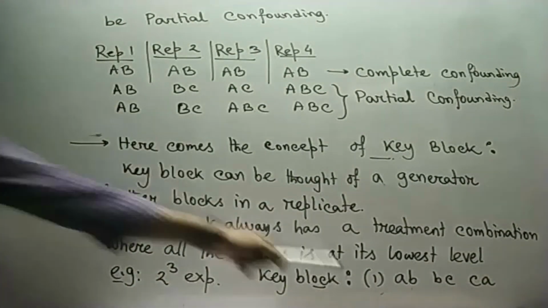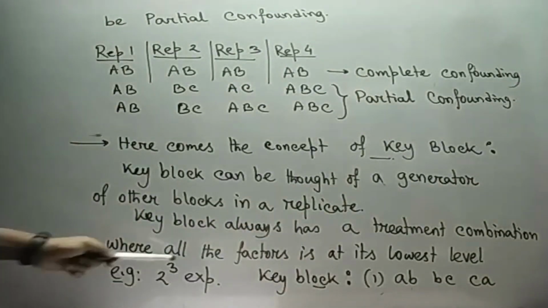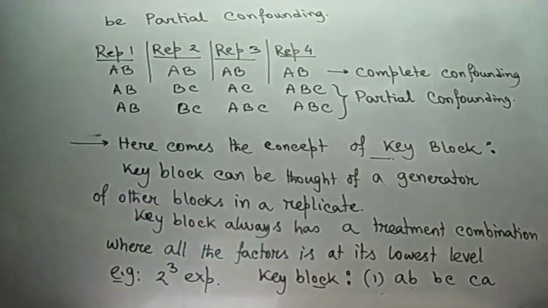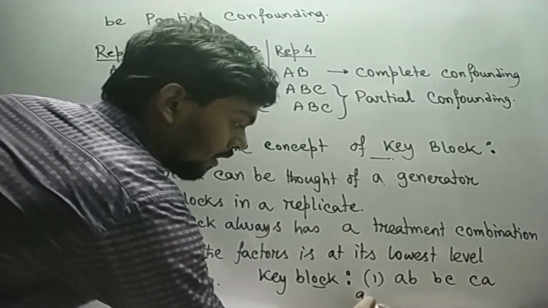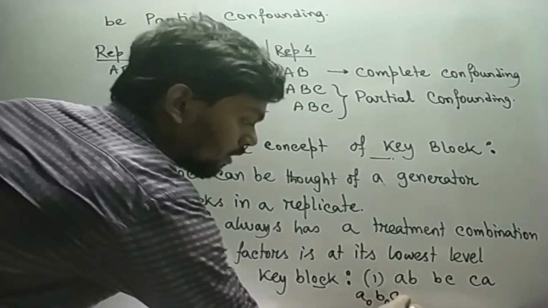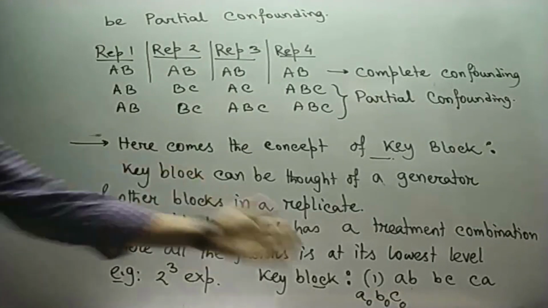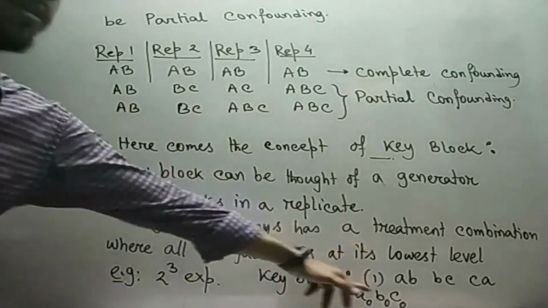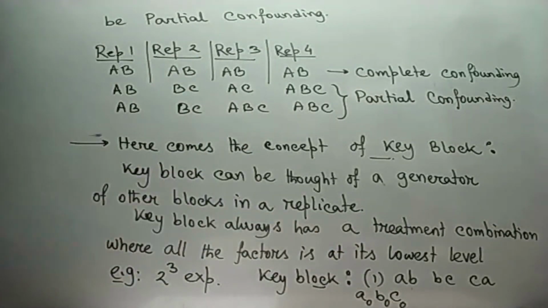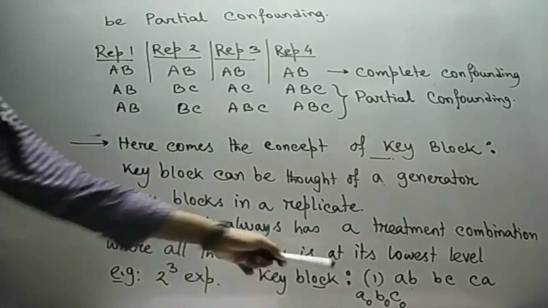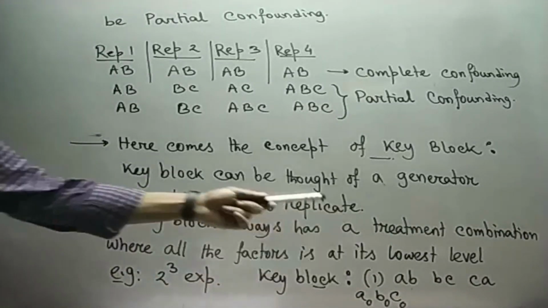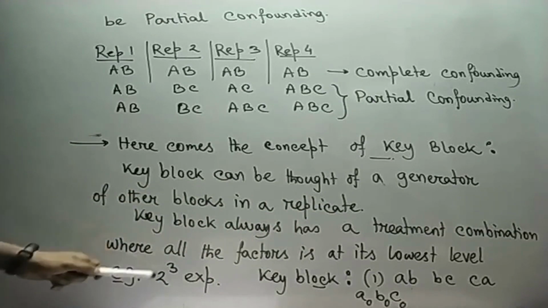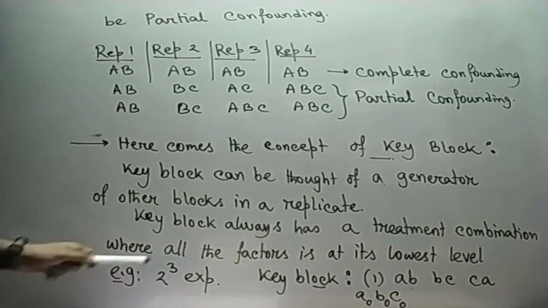Now this 1, as we have a 2 factorial experiment, is basically a notation used in place of A naught, B naught and C naught. A naught, B naught, C naught means that A, B and C are at their lowest level. 0 is the lowest level and 1 is the highest level, as this is a 2 level experiment, so each factor has 2 levels.